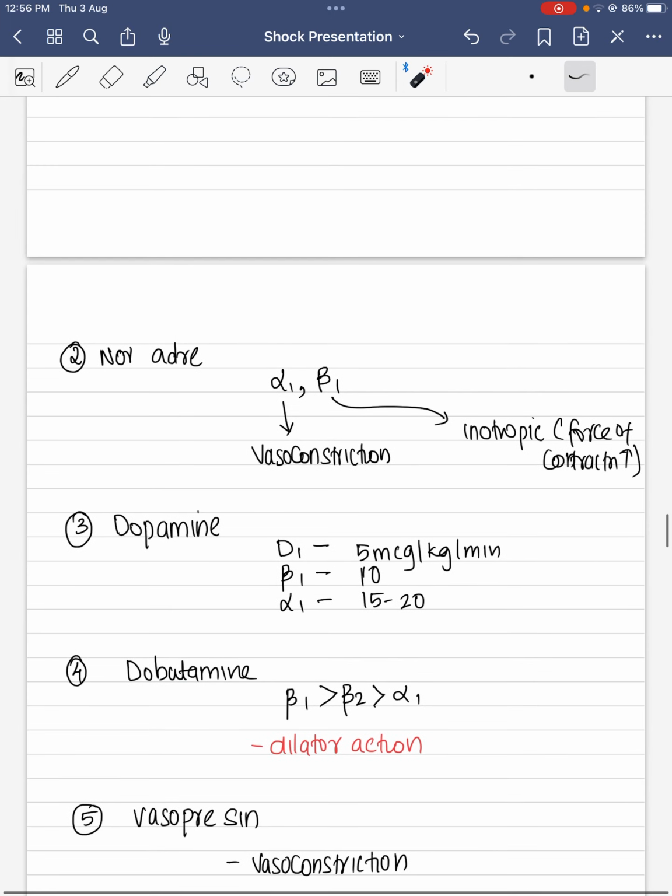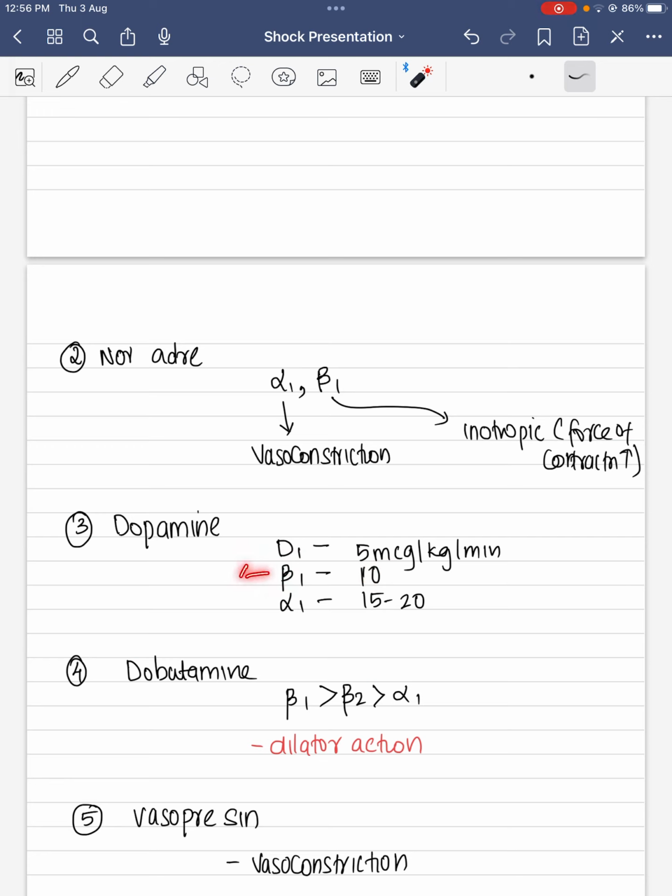The next, third drug is dopamine, and that's your favorite, but let us see how it acts. Dopamine will act on D1 receptors at a dose of 5 microgram per kg per minute, whereas it will act on beta 1 at 10 microgram per kg per minute.